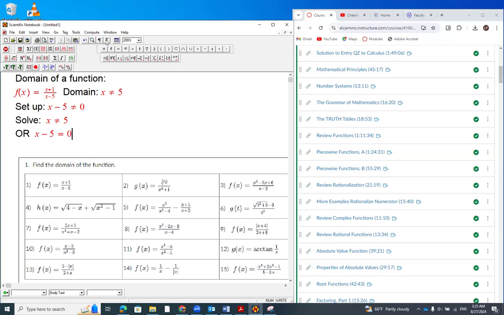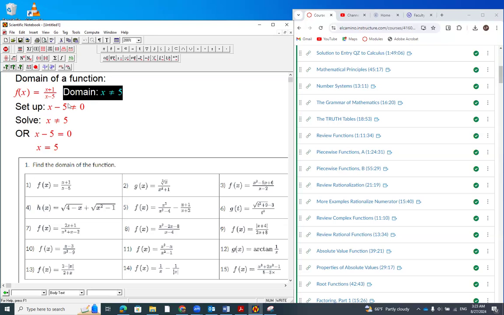The underlying statement by doing this is to say, I'm going to find the numbers that cause the denominator to equal 0, and exclude those numbers from the domain. Of course, if you solve it, you get x equals 5.